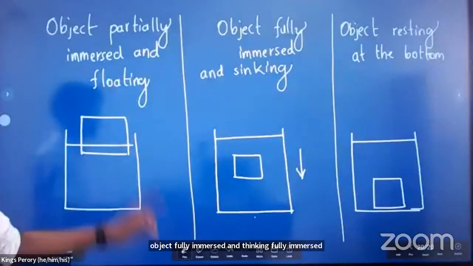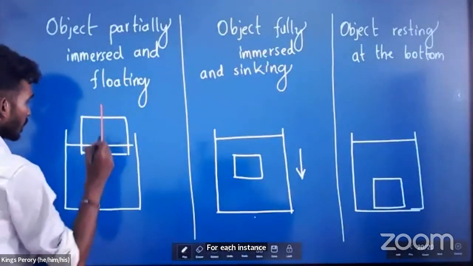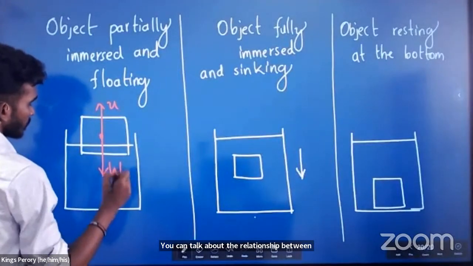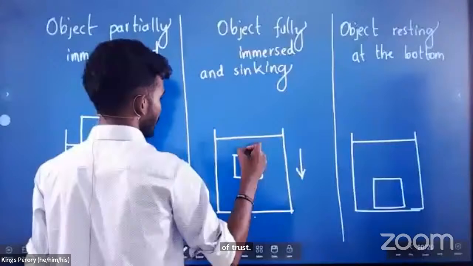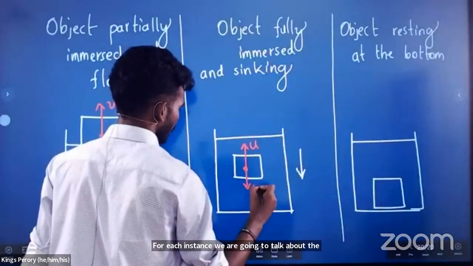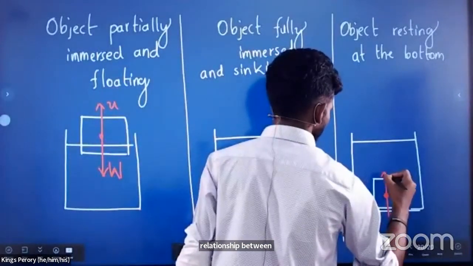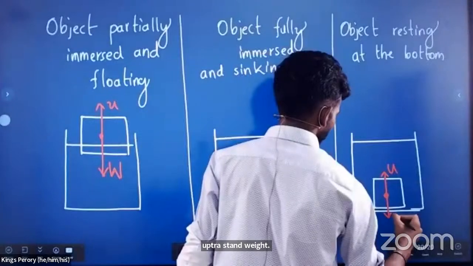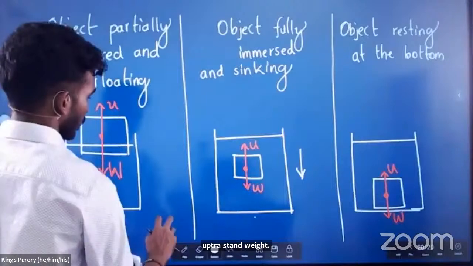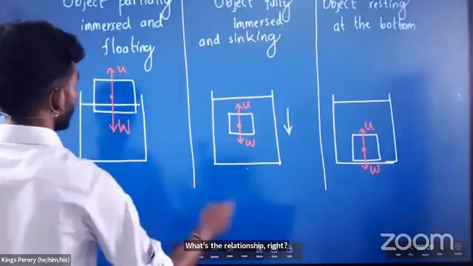For each instance, we are going to talk about the relationship between upthrust and weight. What's the relationship? Object partially immersed and floating.